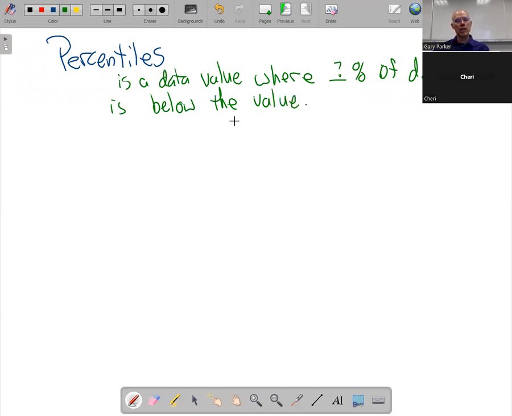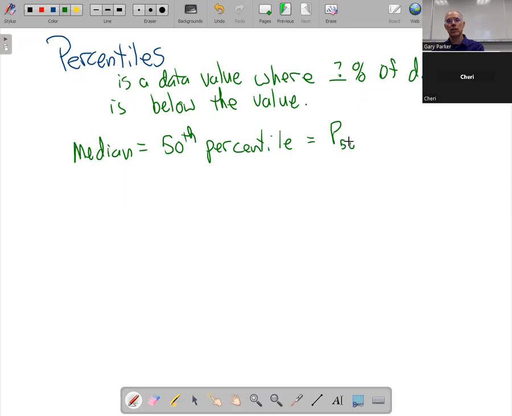And we've worked with percentiles a little bit. For example, the median is also the 50th percentile. It's the data value where 50% of the data is at or below that point. We would abbreviate that as P50.